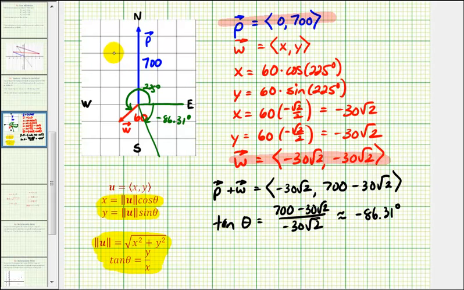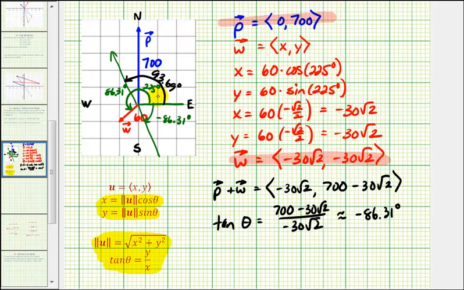So if this is the terminal side of our angle, then the reference angle here must also be 86.31 degrees. So we can find our angle theta by taking half a rotation, or 180 degrees, and then subtracting the reference angle of 86.31 degrees, which is 93.69 degrees.